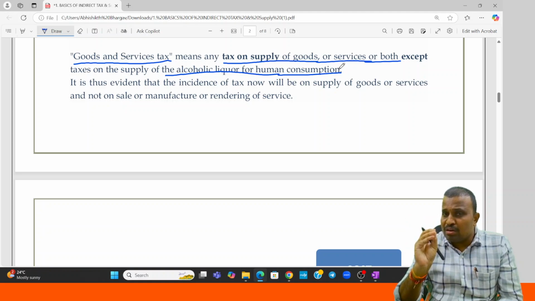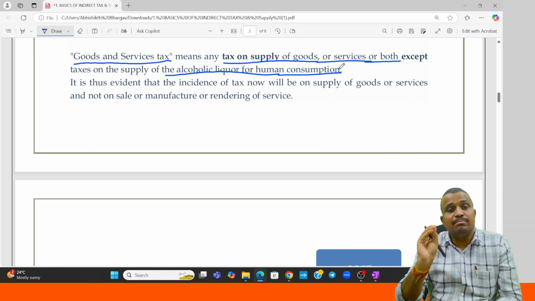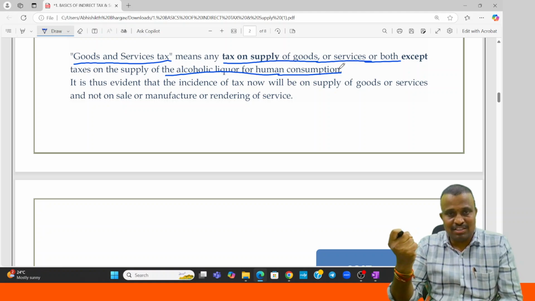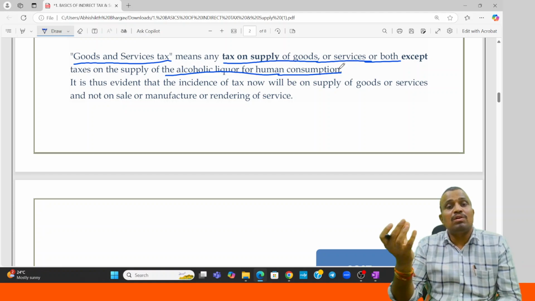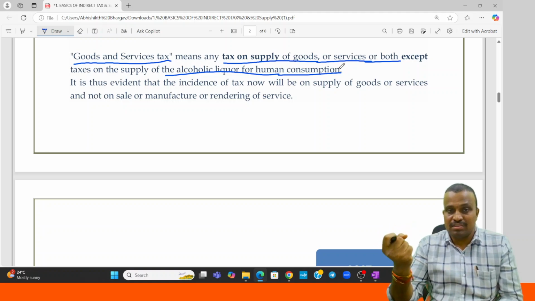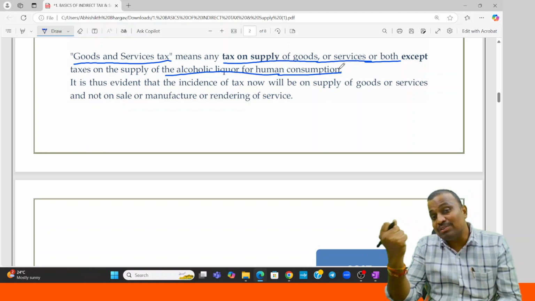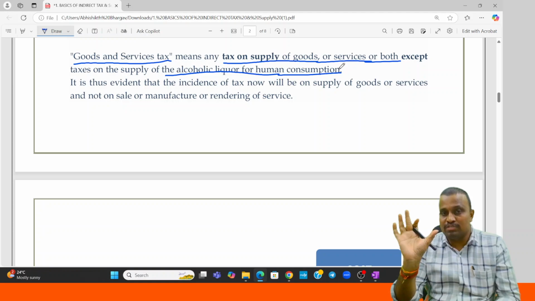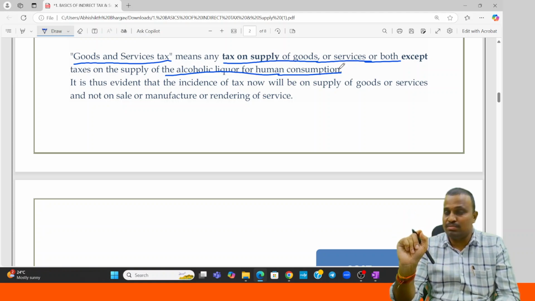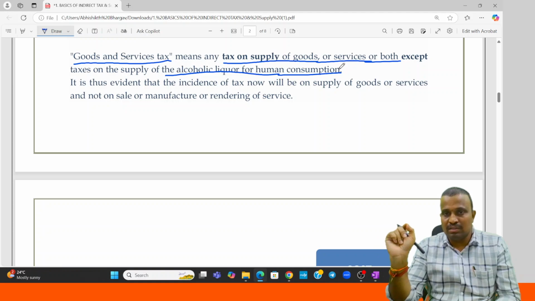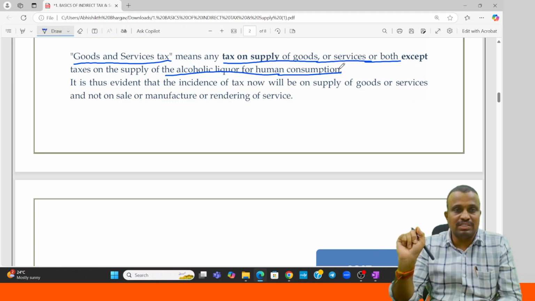But if alcohol is used in medicine like cold syrup, cough syrup or anesthesia, those are called medicines in the market, not alcoholic products, and they are covered under the purview of GST. Only alcoholic liquor meant for human consumption, like wine or beer, is not covered under GST.